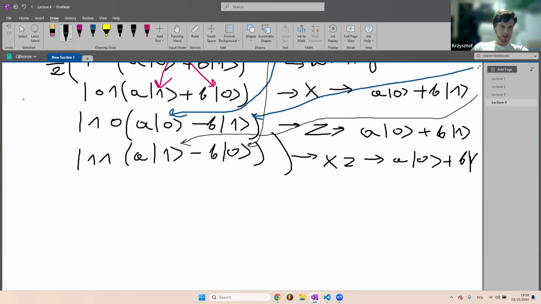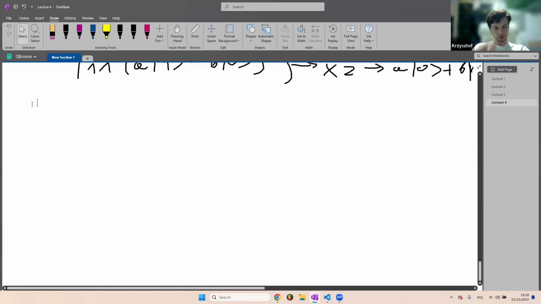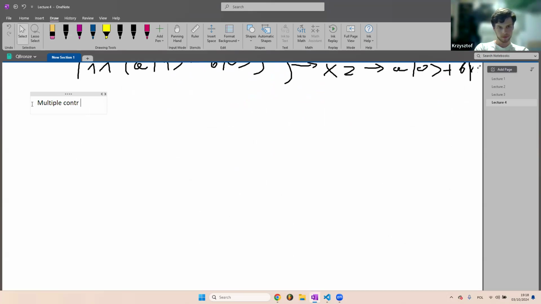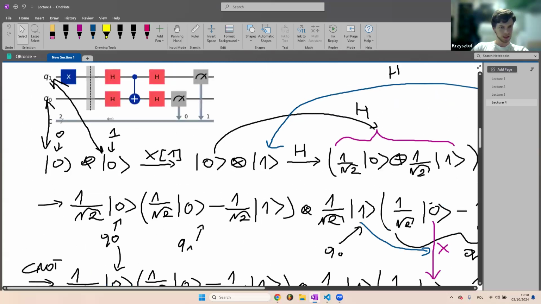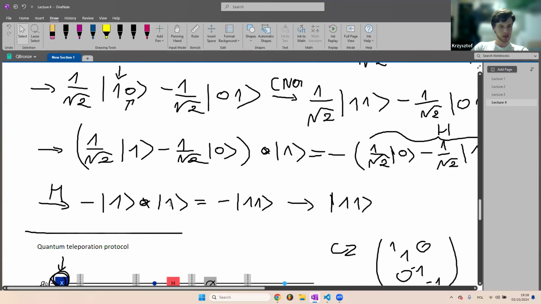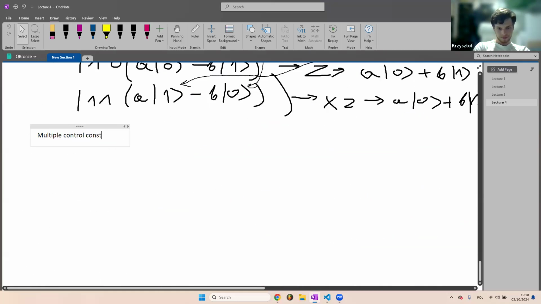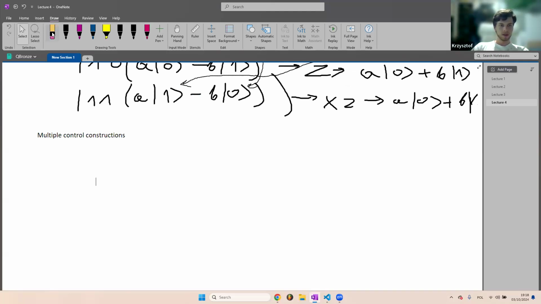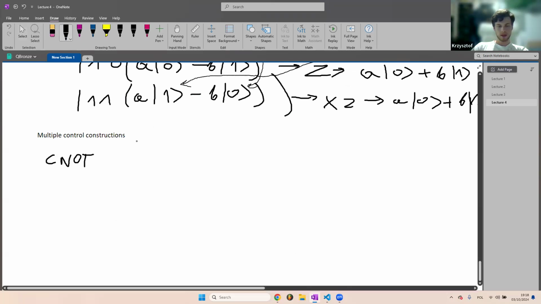Okay, now the last topic I want to cover is the multiple control constructions. Now we ask the question how to control a gate, because we had a CNOT gate, which was affected only when the first bit was 1, right?